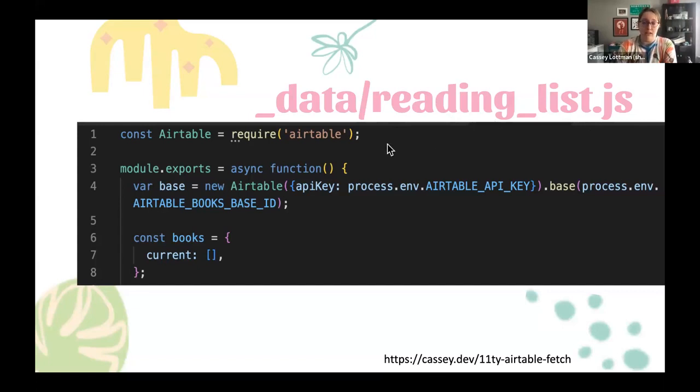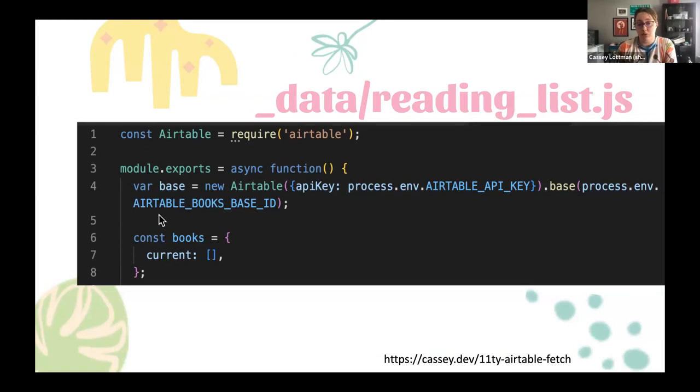So in our reading list.js file, which is my global data, including the Airtable library, I'm connecting to my base, and here's where I know that I've installed the .env package and I've instantiated it in my Eleventy config. So my process.env.airtable API key is available to me.